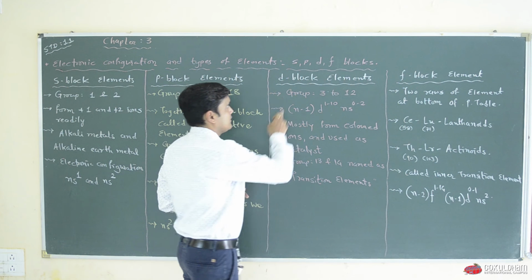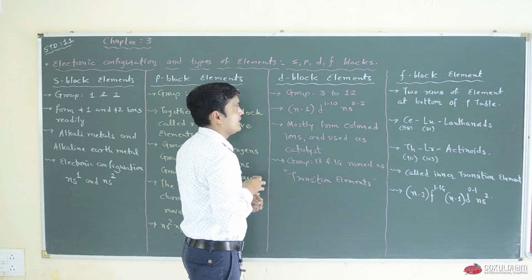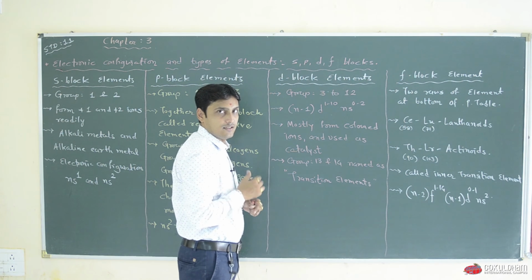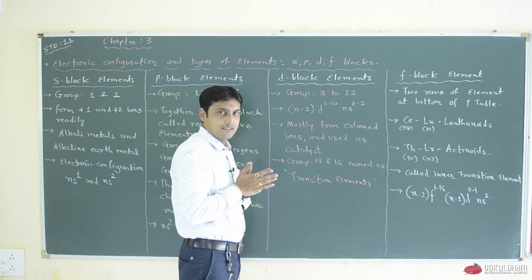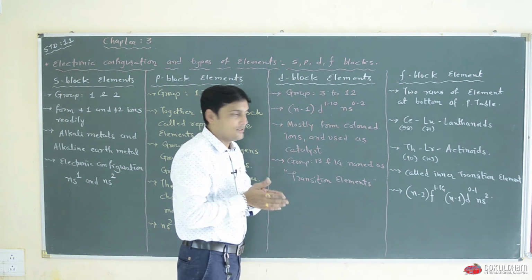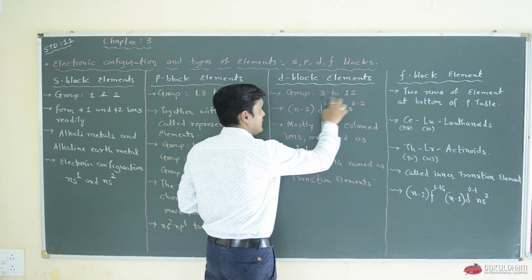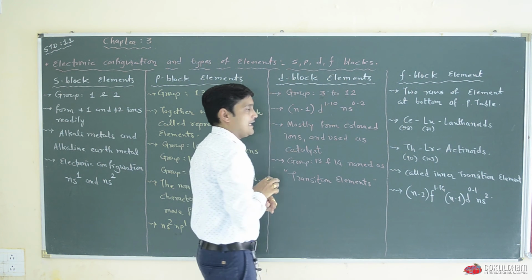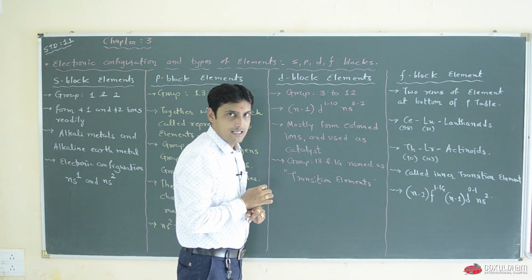Now our third category, d block elements. D block elements are present in the middle of the periodic table. Middle of the periodic table means group number 3 to group number 12 elements are known as d block elements.